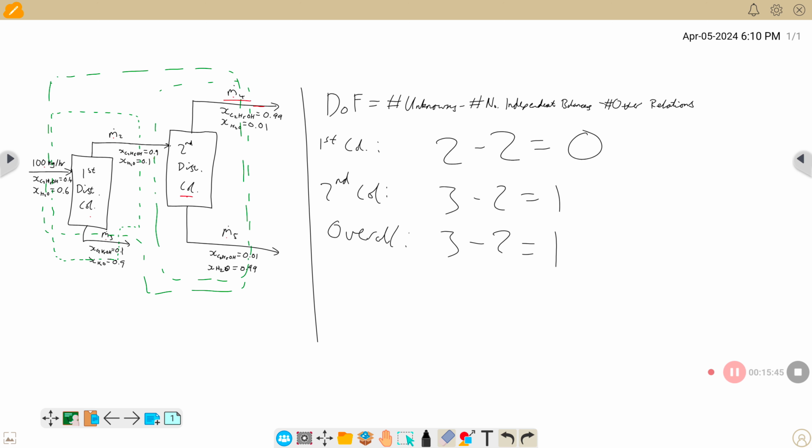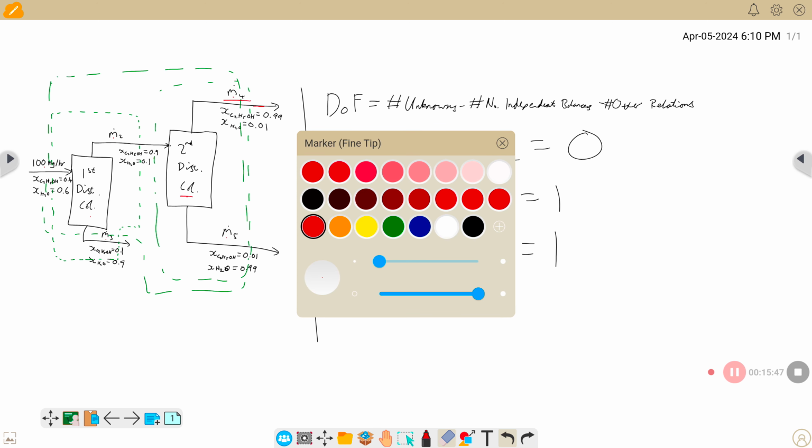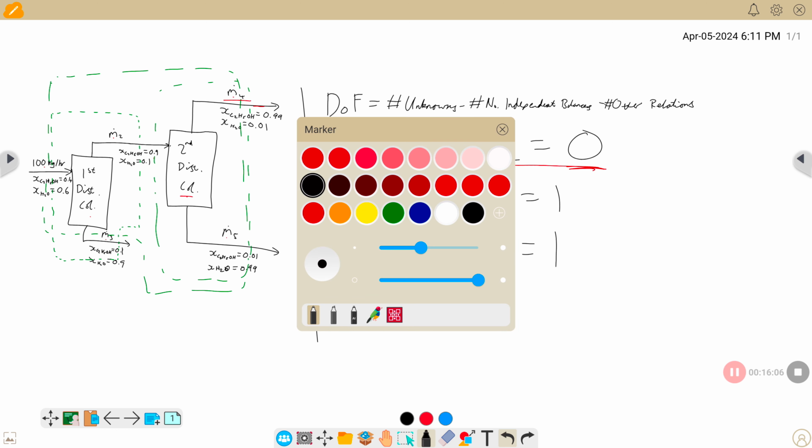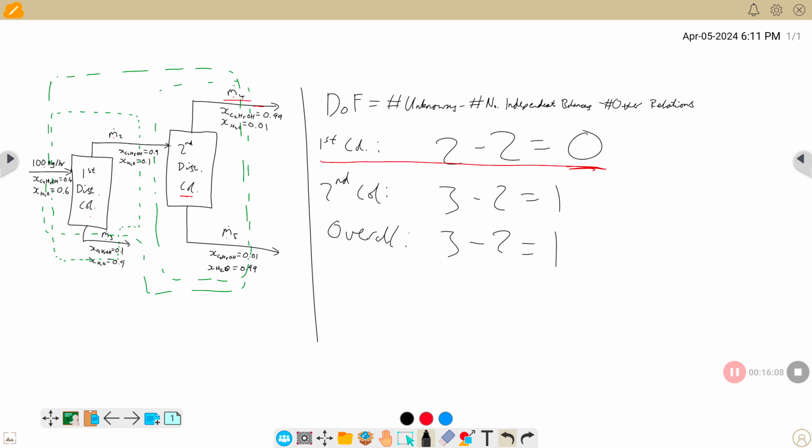So it's clear then, based on this degree of freedom analysis, that we need to do a balance or balances for our first column because it has 0 degrees of freedom, and we understand that 0 degrees of freedom indicates that carrying out balances on our first unit is a solvable problem, right?